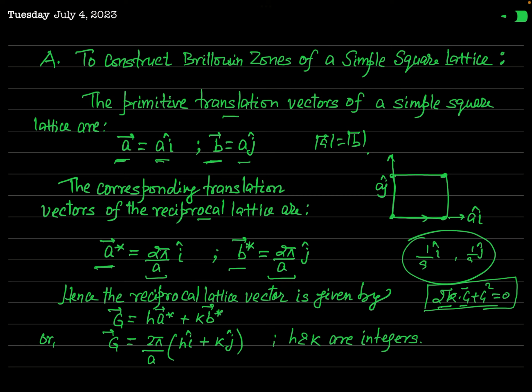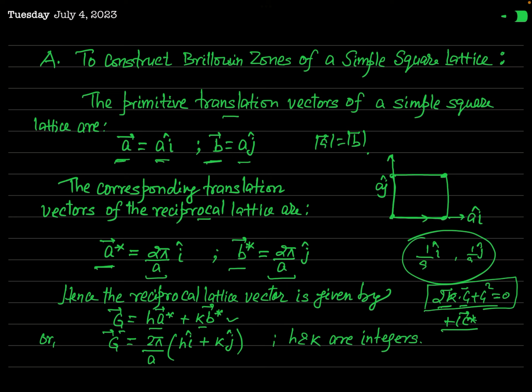The reciprocal lattice vector is defined as G equal to H a star plus K b star plus L c star. But here we are talking about the two-dimensional lattice, so this third term will be 0. So I have written G equal to H a star plus K b star.